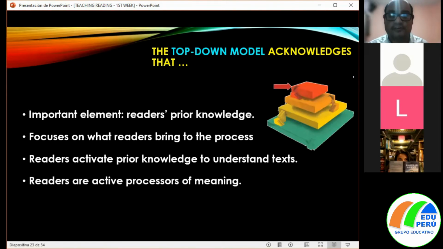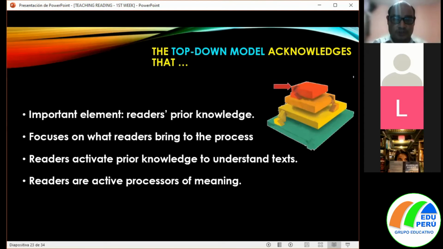Readers, as I told you, are active processors of meaning because they are going to make hypotheses, confirm or reject hypotheses. They are going to create new hypotheses. So they are active. They are not just reproductors. No, that you reproduce, you read and tell me the meaning. No, no, no. They are going to make more things.